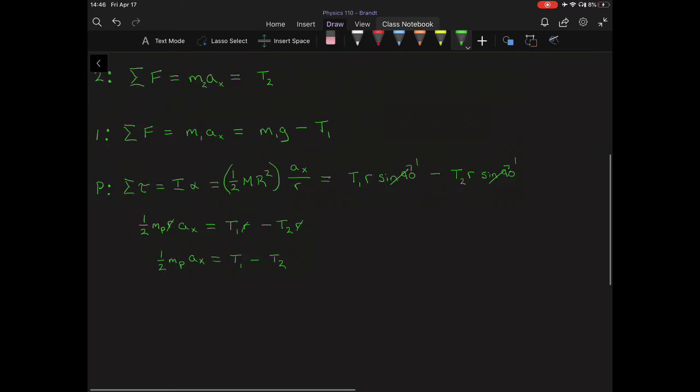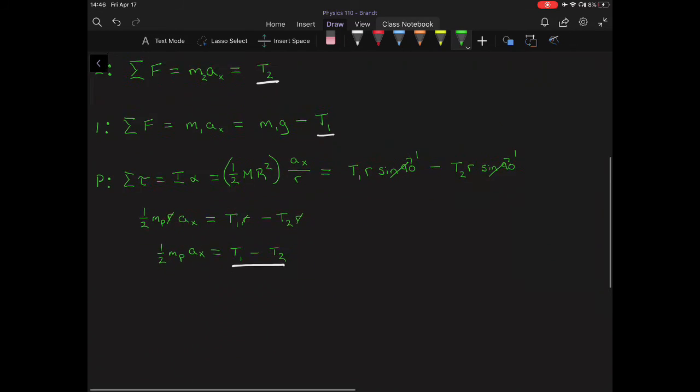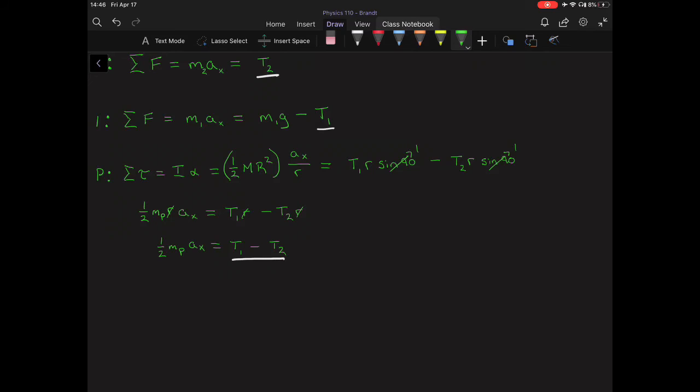Now we can start trying to simplify and solve for a_x if we take our tensions up here, solve for them, and then plug them into our equation for acceleration with the tensions in the pulley portion. So let's go ahead and do that now. Basically, we'll take this one and plug it in for tension 2.